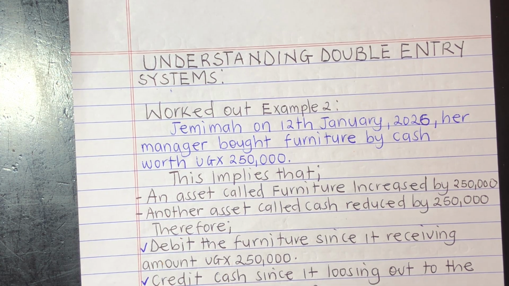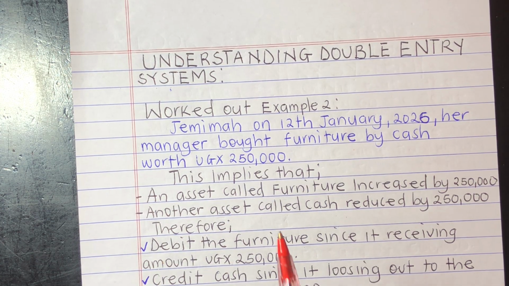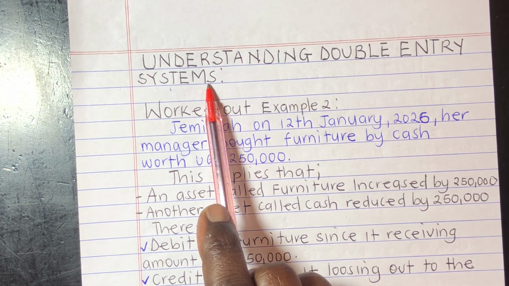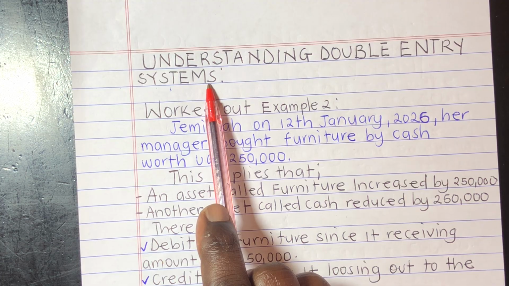So I have a worked out example on understanding the double entry system. Remember, I've said the double entry system is different from the single entry system. In the double entry system, a transaction is affected twice, and transactions are recorded twice.